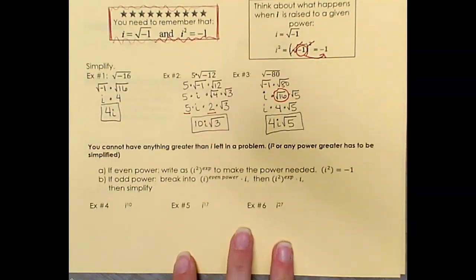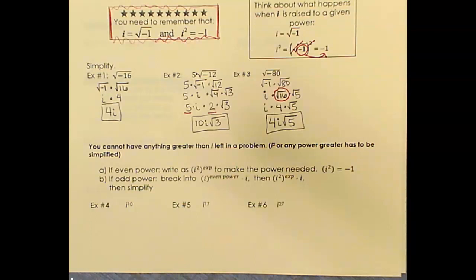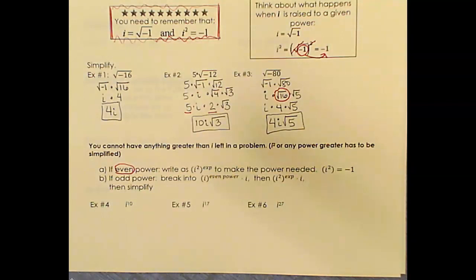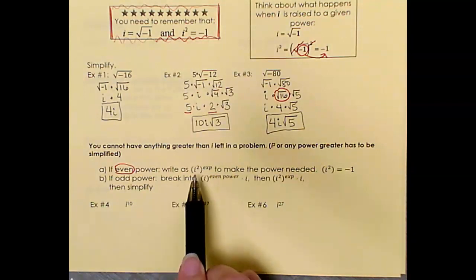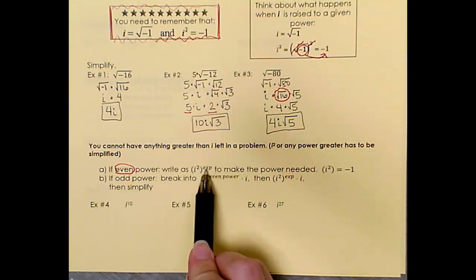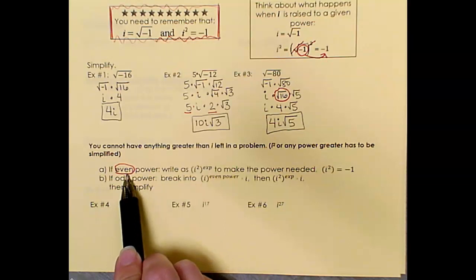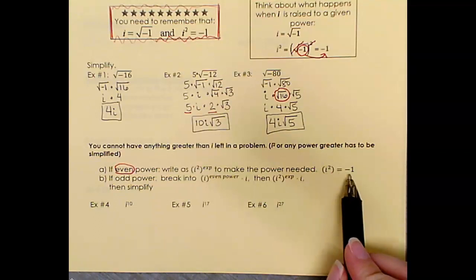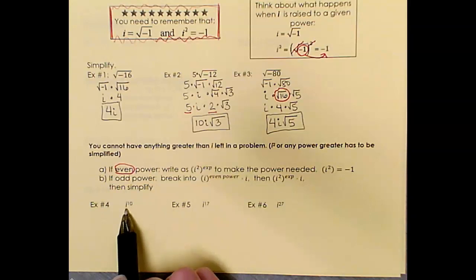So it says if you have I raised to an even power, then you want to write your answer as I squared and then use the power of 10.